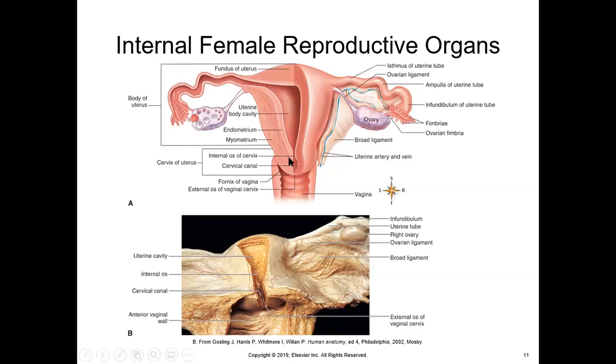Because how twins kind of work is, let's say this ovary produces one egg, and let's say this ovary produces an egg. Typically, only one of the eggs has the ability to be fertilized. But some women have an egg that's produced over here, an egg that's produced over here, or you can even have two eggs on one side. Let's say you have an egg over here, an egg over here.